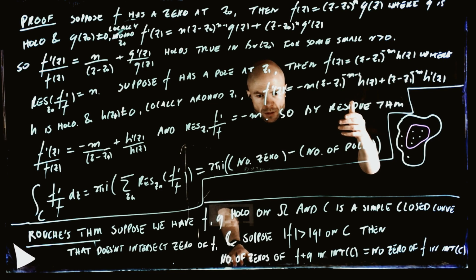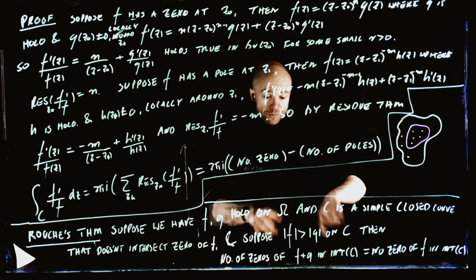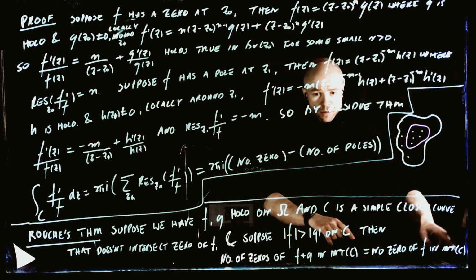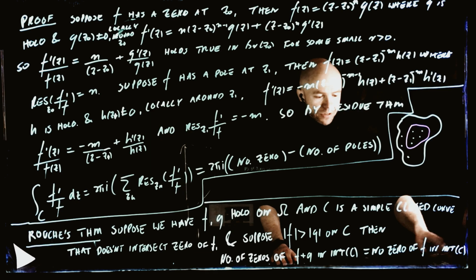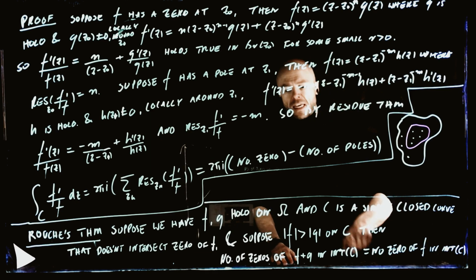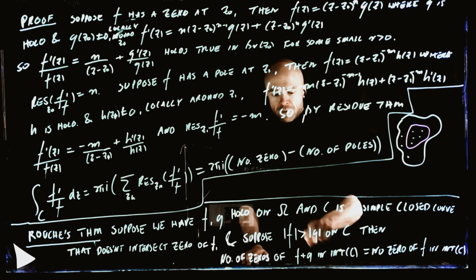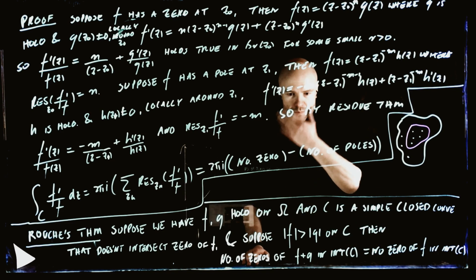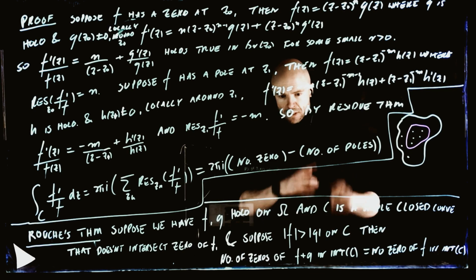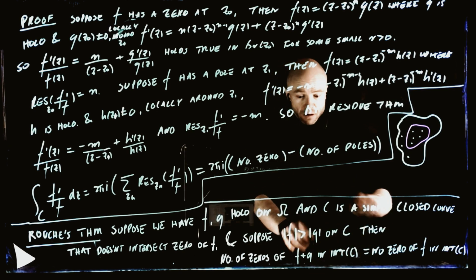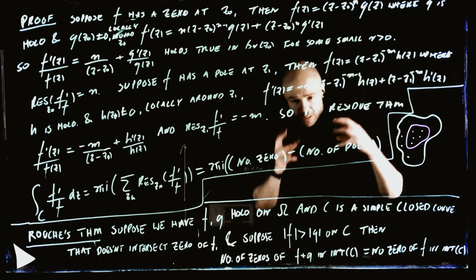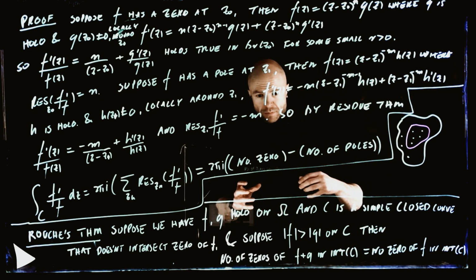So if we knew that the number of times that F of C winds around zero is the same as the number of times that F plus G winds around zero, then this is automatically true. Because that's the argument principle again. The number of times the image of C under F winds around zero is the number of zeros inside the interior.